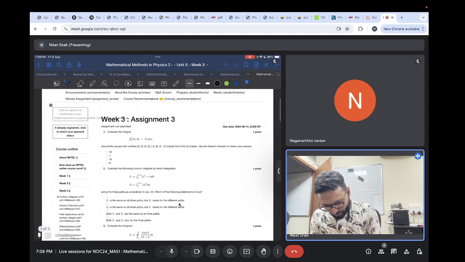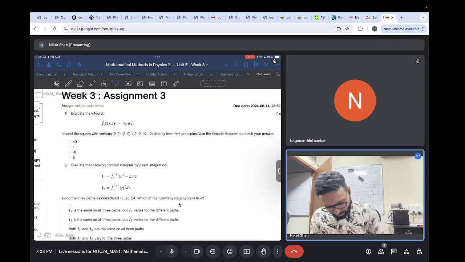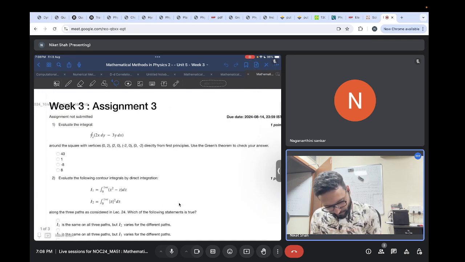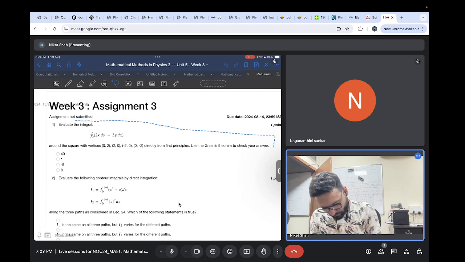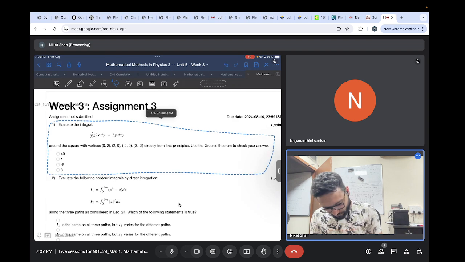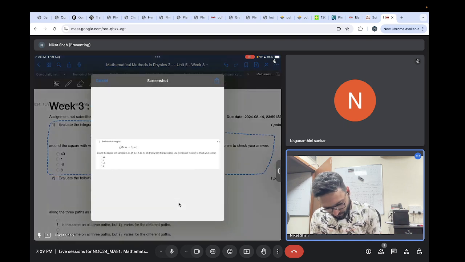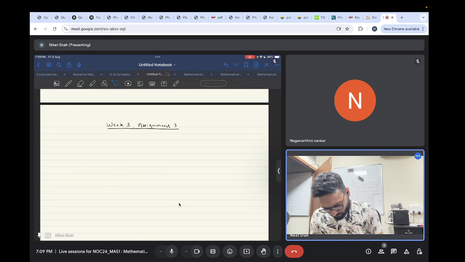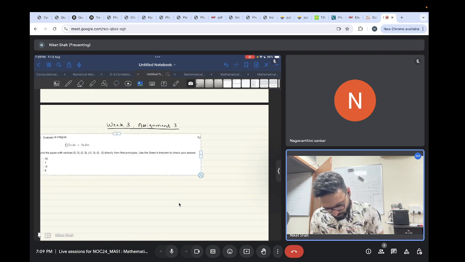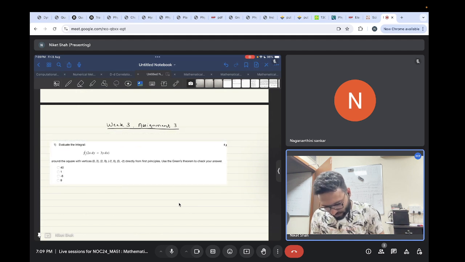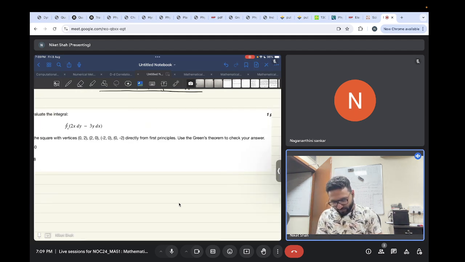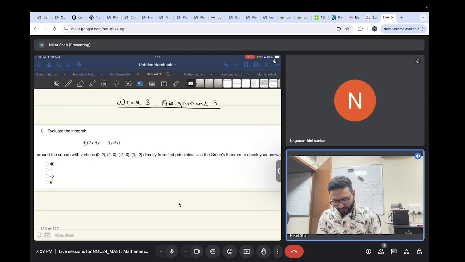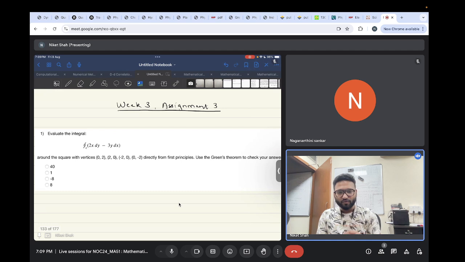So, this is the first problem. I'll just copy from here. So, the question says evaluate the integral, and we have this expression 2x dy minus 3y dx, and this integral is over a contour.